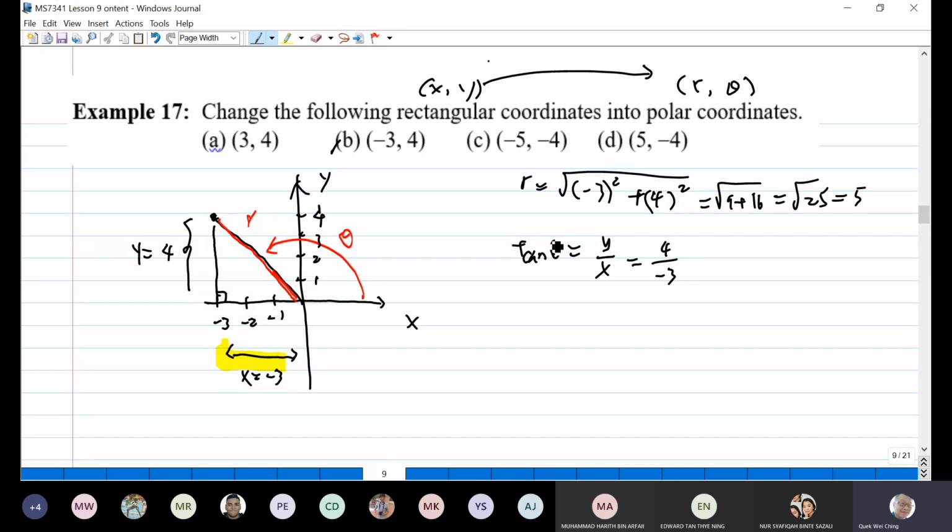So that means your theta is equal to tangent inverse 4 over minus 3. And then you press the calculator. Okay, 4 over minus 3, you'll find that this is minus 53 degrees.